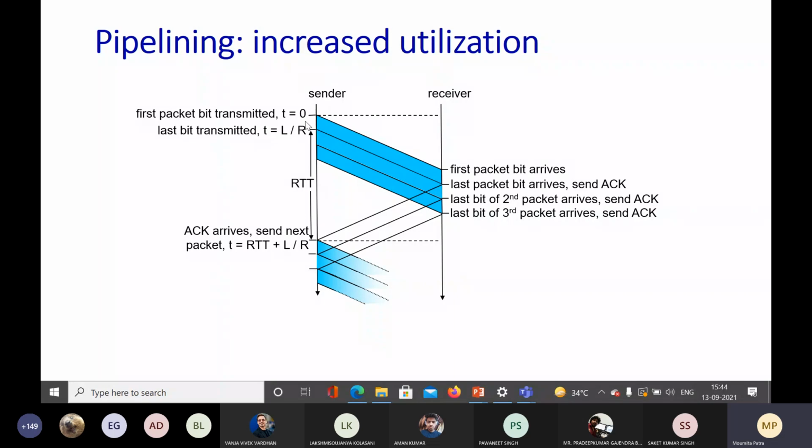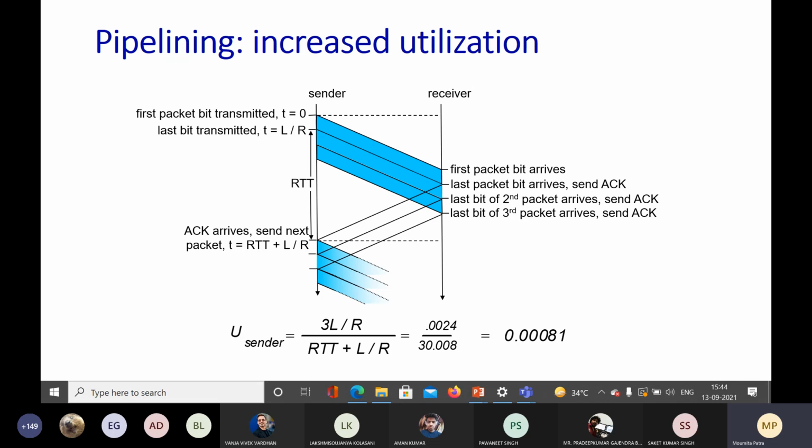Now let's see how the utilization is going to work. For packet number 1, we have L by R plus RTT, that is this entire block. But imagine that in this interval we could also send 2 more packets. The utilization should increase.